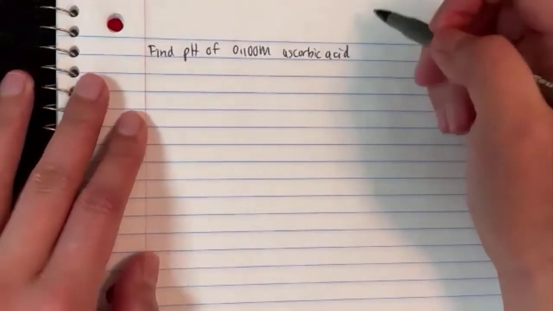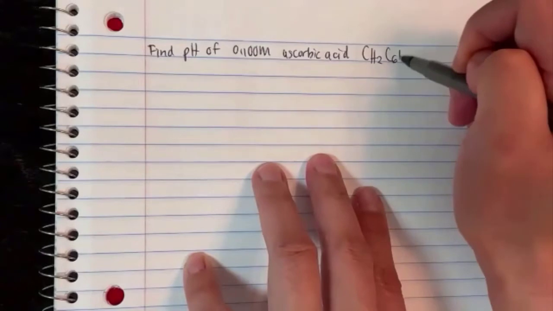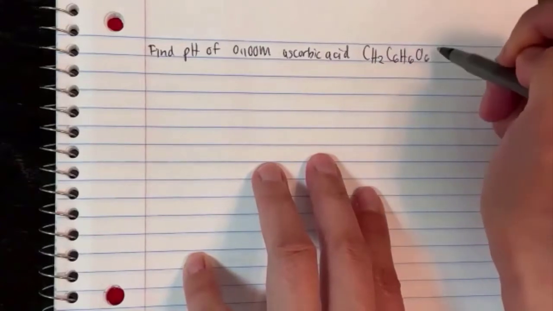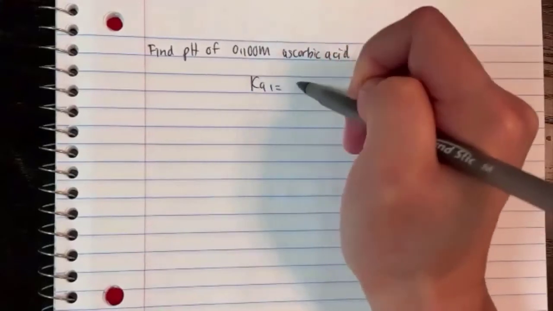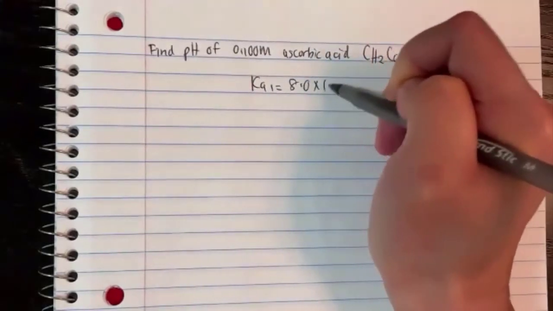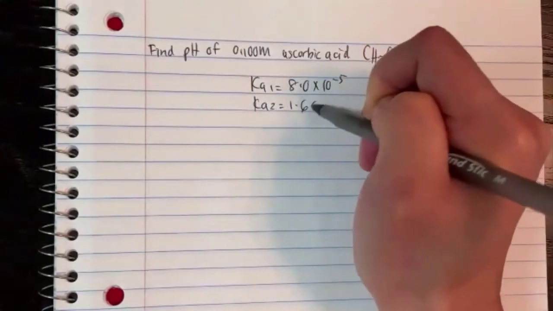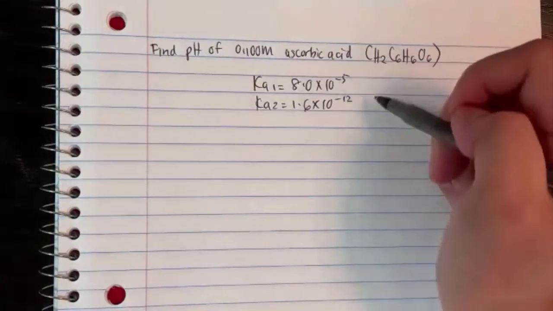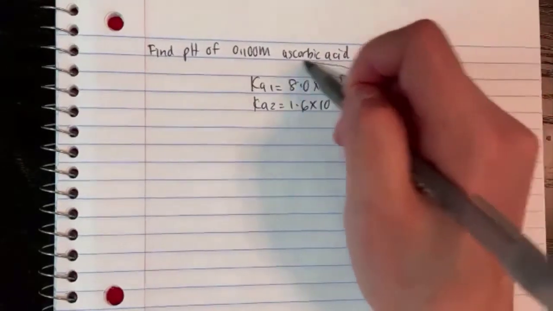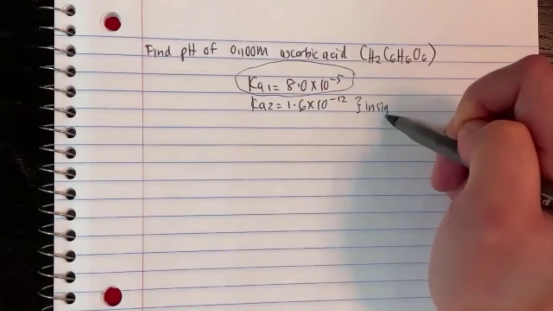So the formula for ascorbic acid is H2C6H6O6. And Ka1 is 8.0 times 10 to the minus 5. Ka2 is 1.6 times 10 to the minus 12. You see how much smaller the second one is? So we focus on this guy because this one here is insignificant.